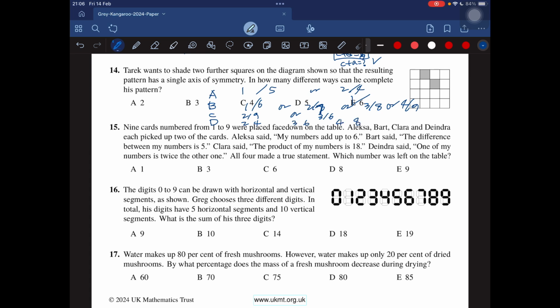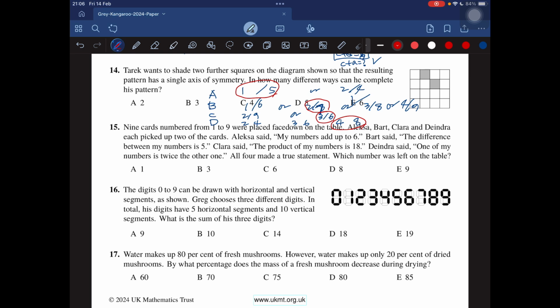So which number was left on the table? Okay, so let's say if this is the one, then we cannot have any 1 and 5. So not this one. Let's say 2 and 7, 3 and 6, and 4 and 8.